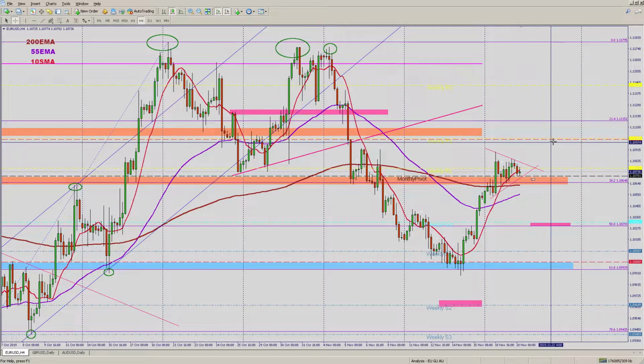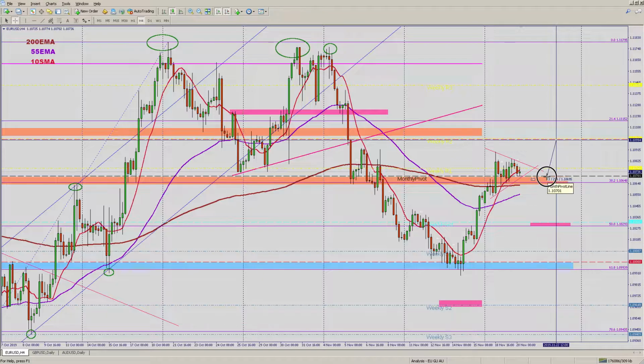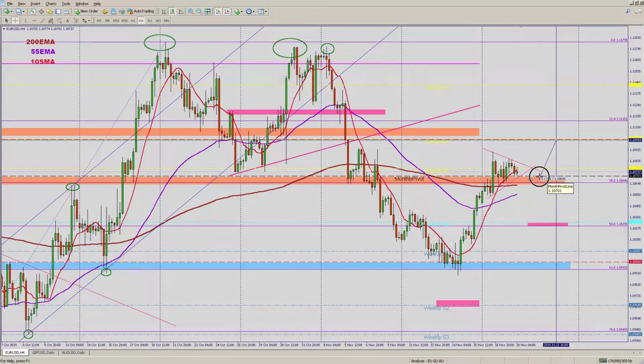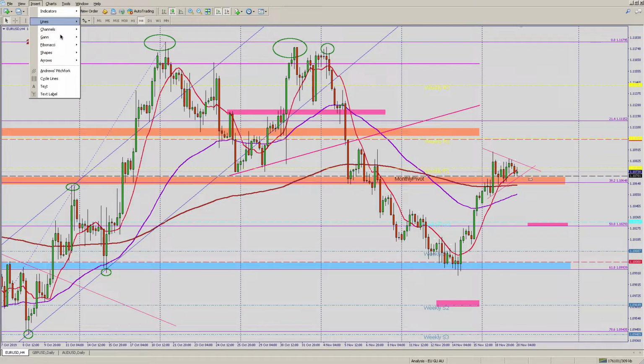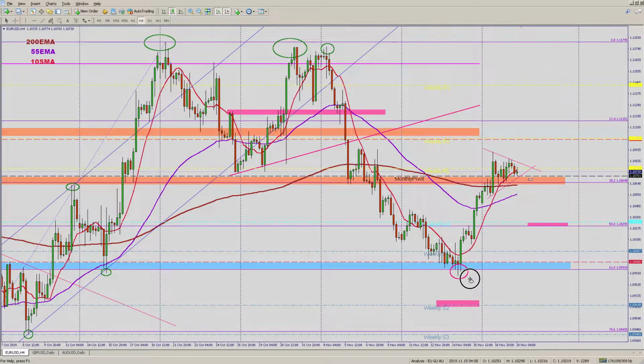But looks like this is going to be the range for the next day or so, about 30 to 40 pips, depending on which way it breaks out from. And this now is another confirmed key support level.